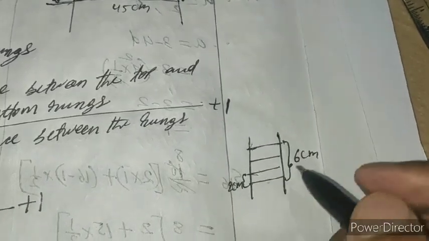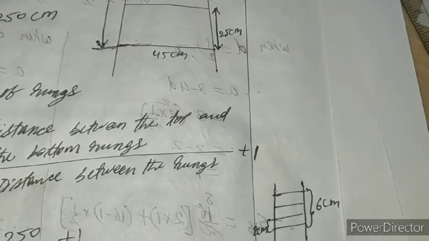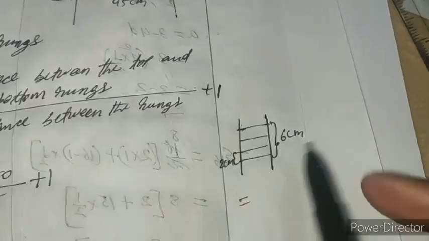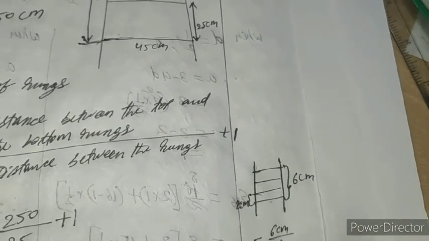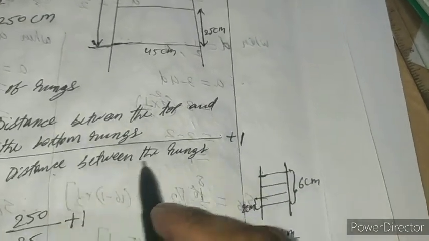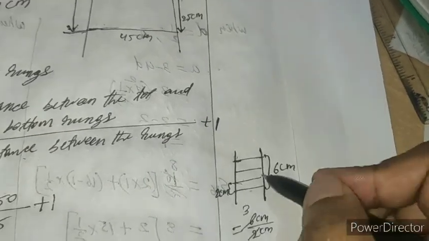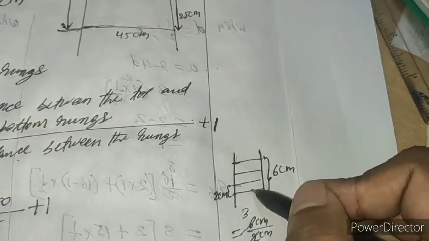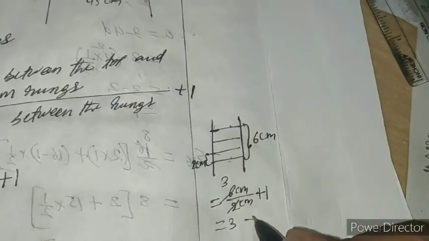So the total number of rungs is the distance between the top and the bottom rungs, 6 centimeter by 2 centimeter, the distance between the rungs. What do we get? 3, right? But you see here how many rungs we have? 1, 2, 3, 4 rungs. That means we add plus 1, so 3 plus 1 is equal to 4.